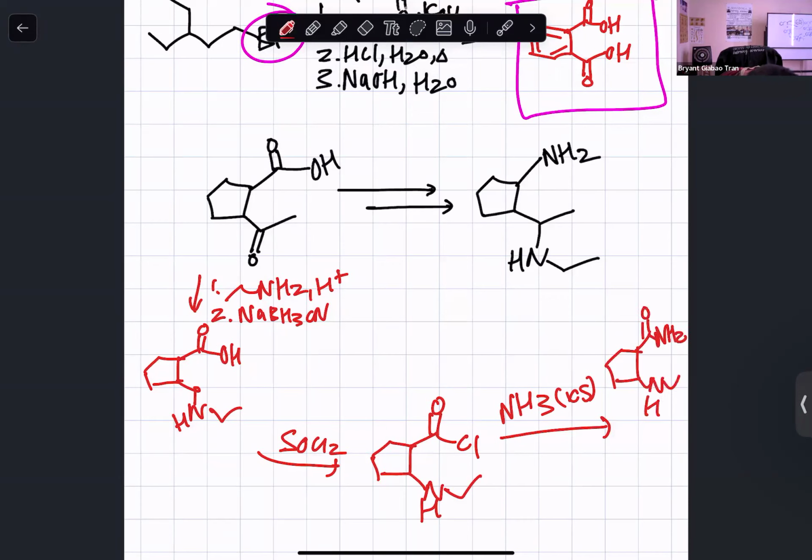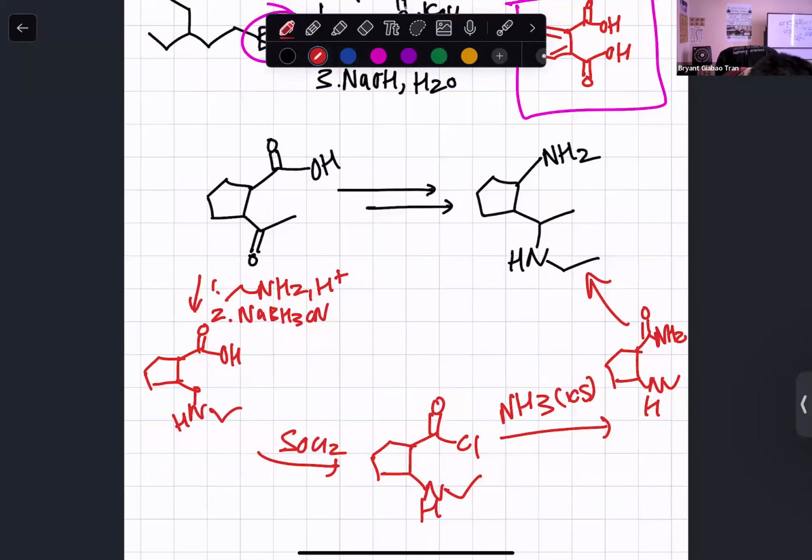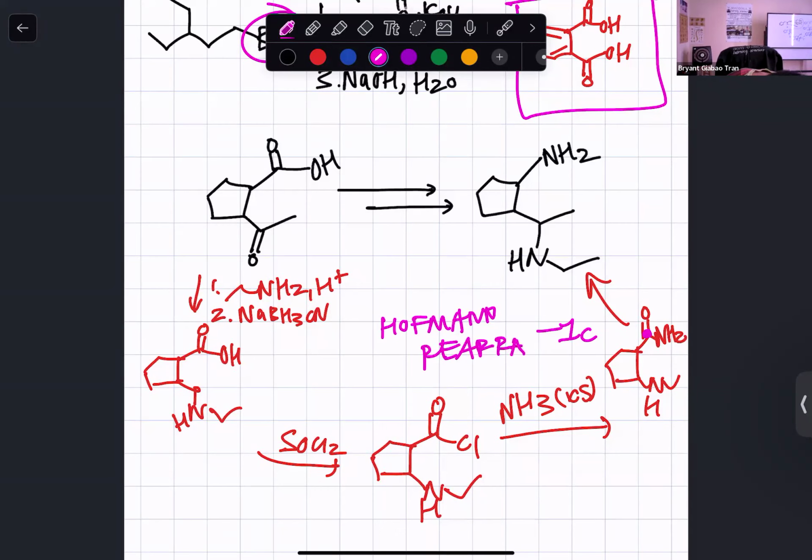The amine is still there, and then we see that this carbon here of the amide is no longer there, minus one carbon. That's a big feature of the Hofmann rearrangement, which gets rid of that amide carbon. So we use Br2 and NaOH, H2O, the Hofmann rearrangement reagents.